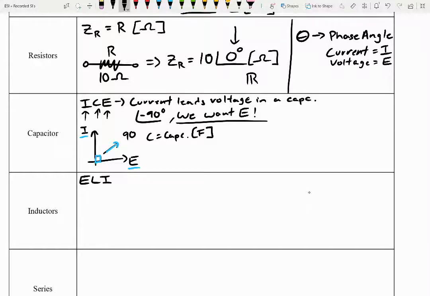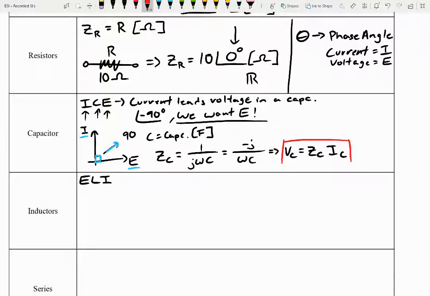How do we find the impedance of a capacitor, though? So we need a couple things to find the impedance. The equation, which is going to be on an equation sheet, is 1 over j omega times C. This is also equal to negative j over omega C. So therefore, you can say the voltage in the capacitance is equal to the impedance times the current in the capacitance.